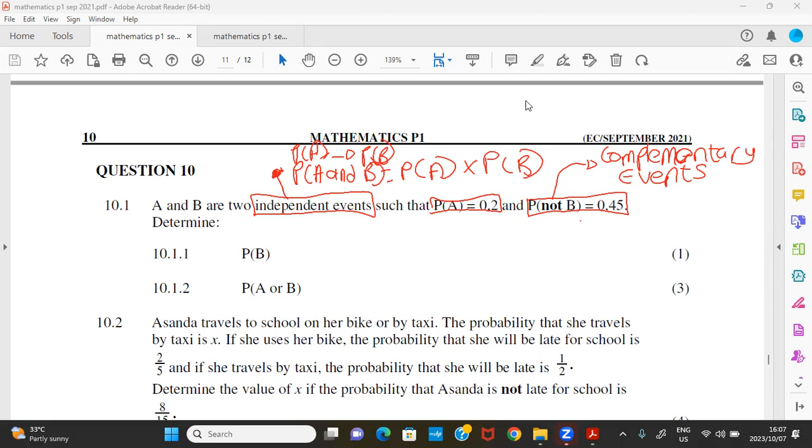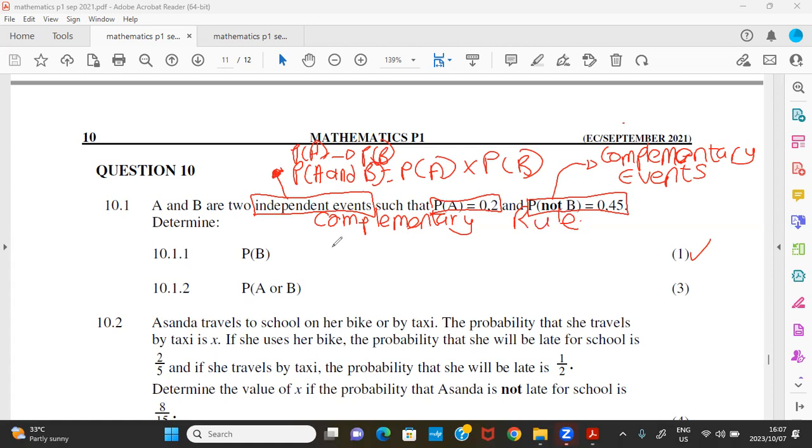Yeah, so 10.1.1, they say determine the probability of B for just 1 mark. So we are given here that the probability of not B is 0.45. So basically, we will just use the complementary rule to get the probability of B. So what does the complementary rule state?